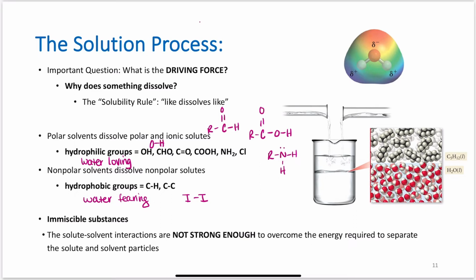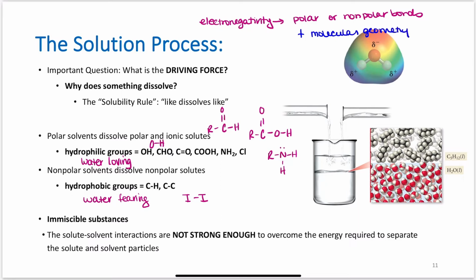So remember, how does our electronegativity lead into polar or nonpolar bonds? And if I add this to molecular geometry, I can determine if the compound is polar or nonpolar.